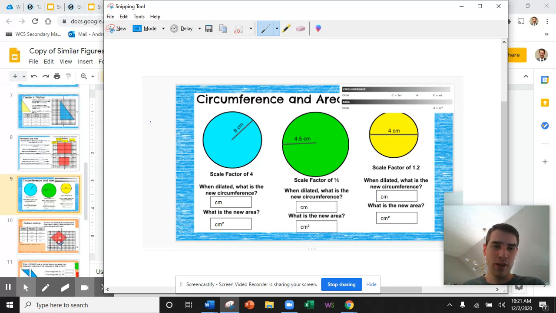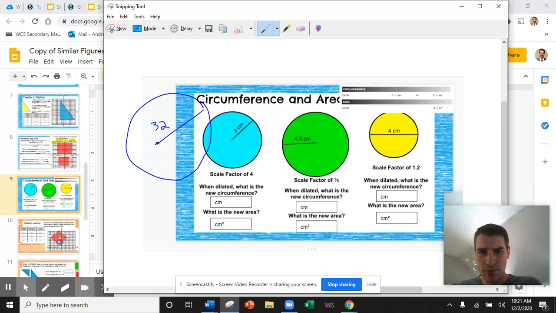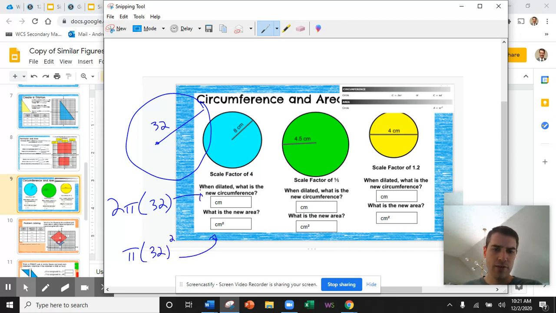It's multiplied by 4, so I'd have 32 as my new radius of a circle. It'd be 4 times as big. You get the idea. Then for circumference you'd use 2 pi r, so 2 pi times that 32. And for area, you'd say pi times 32 squared. You'd plug that in and get those two answers.